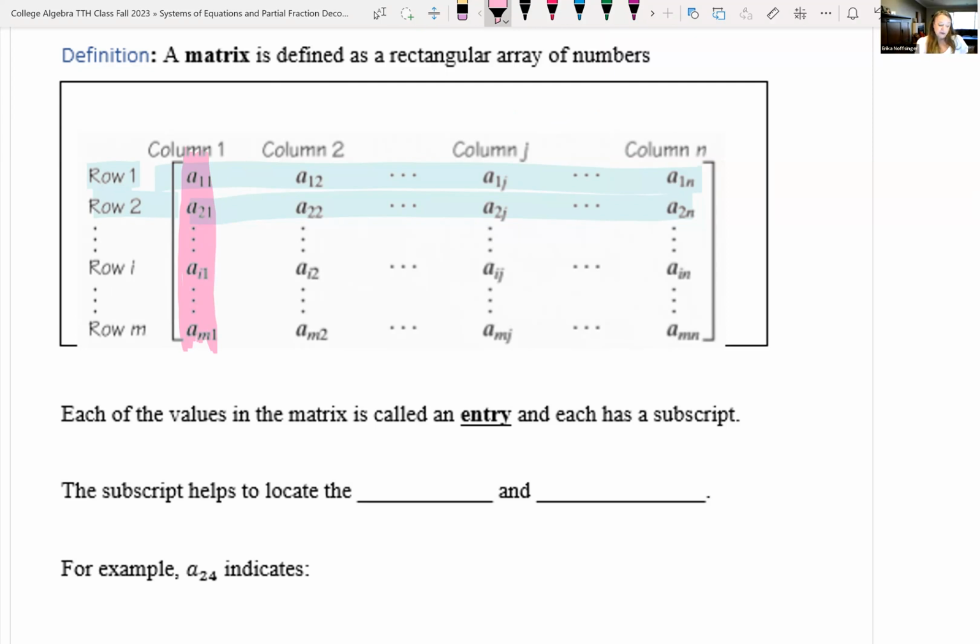Each number in the matrix we call an entry. And notice that when we wrote this out, this matrix has these subscripts, and there are 2 numbers in those subscripts. Those subscripts actually help us locate which number we're talking about. The subscript helps us locate which row. It always goes row first and then column.